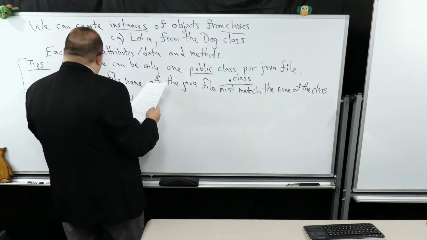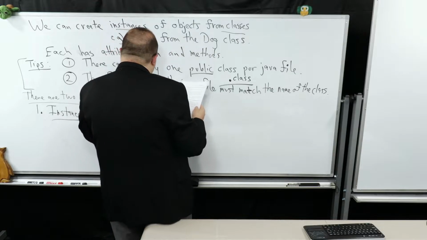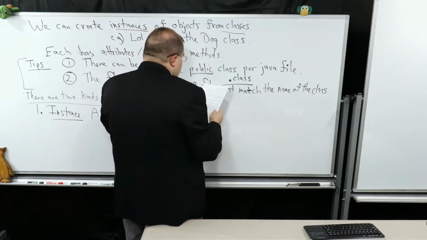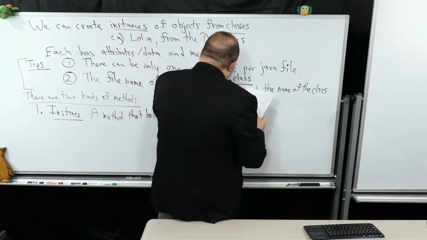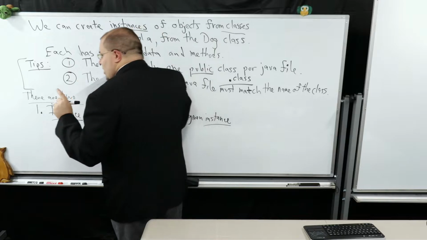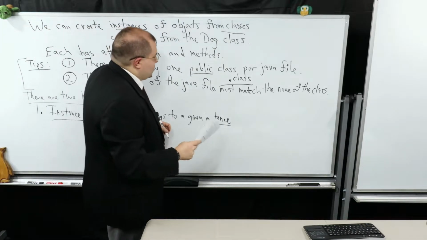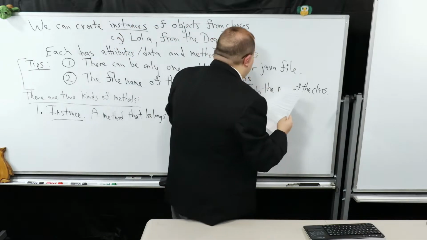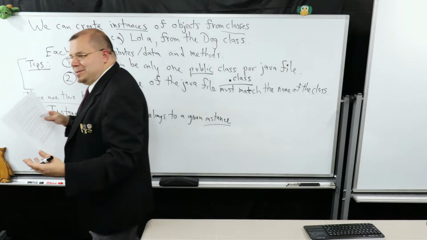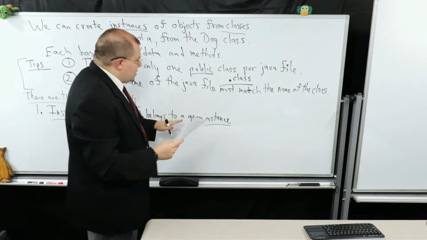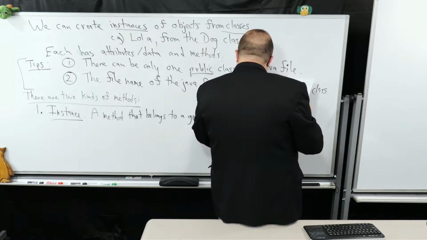So they're a method that belongs to a given instance. So remember, when I say instance, I'm referring to not just dog, I'm referring to Lola the dog. So this would belong to Lola if I created Lola from the dog. Like I created a dog object and the dog was Lola. So this belongs to a given instance of a class.